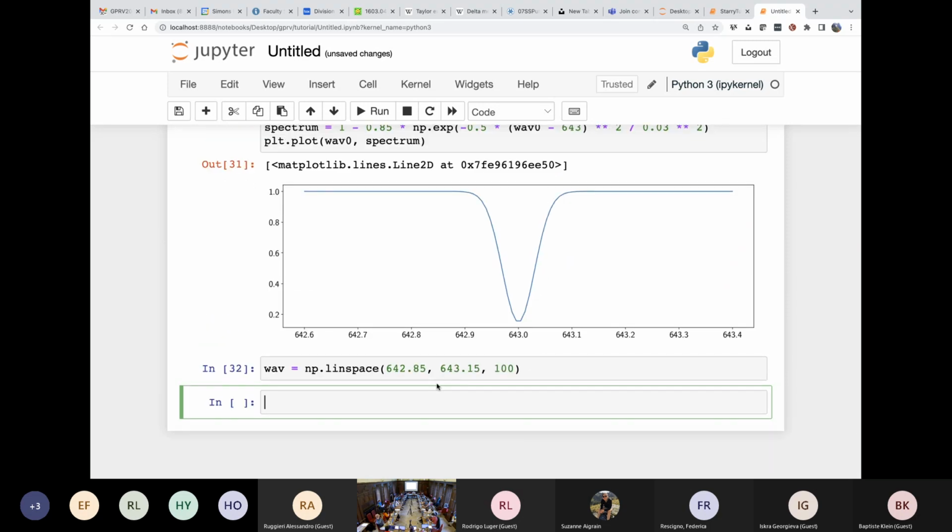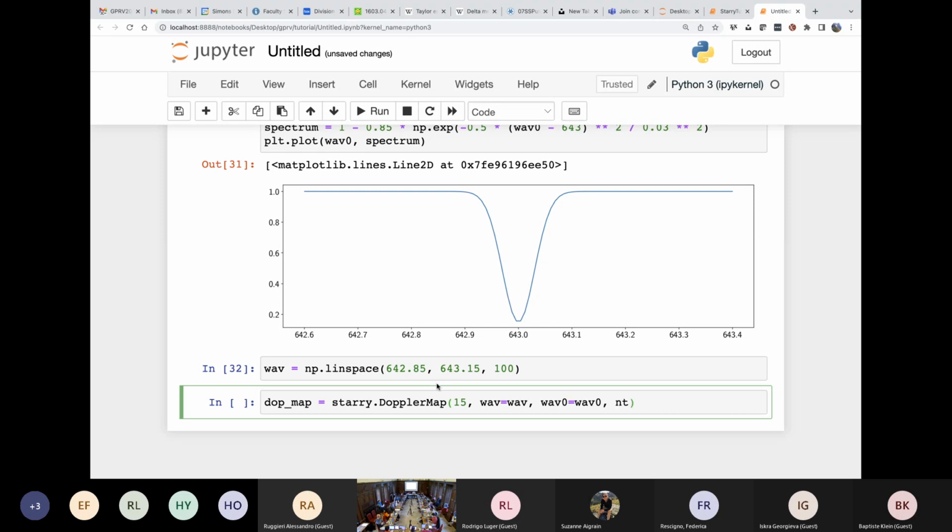Good. And now let's create a map. The function that we want is starry.DopplerMap. Again, the first argument is the degree of the spherical harmonic expansion. I'm going to pass in these arrays. Again, wav is the observed wavelength grid. wav0 is the wavelength grid of my reference template spectrum.